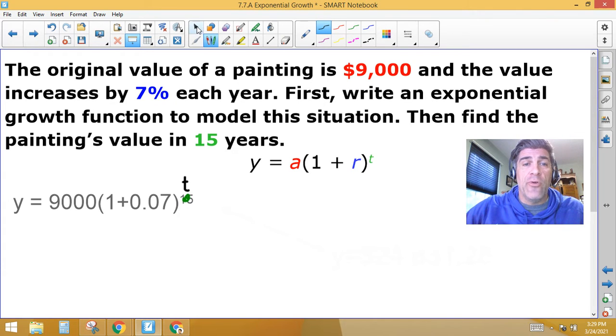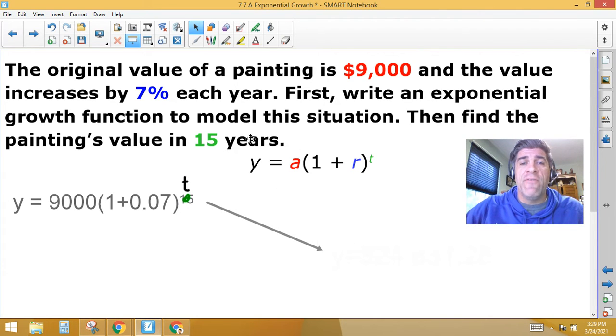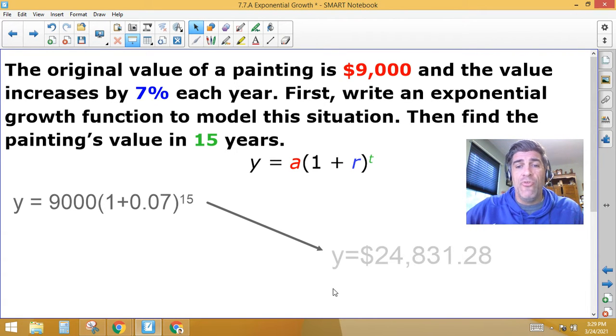Now, what I want to do is find it in 15 years, so now I plug in the t for 15. I got ahead of myself there. And I'm going to enter that in the calculator, 9,000 times 1.07, because I can add them first because of the parentheses, to the 15th power. And that gives me $24,831.28. That's a lot of growth. It went from 9,000, 15 years later, to almost 25,000.